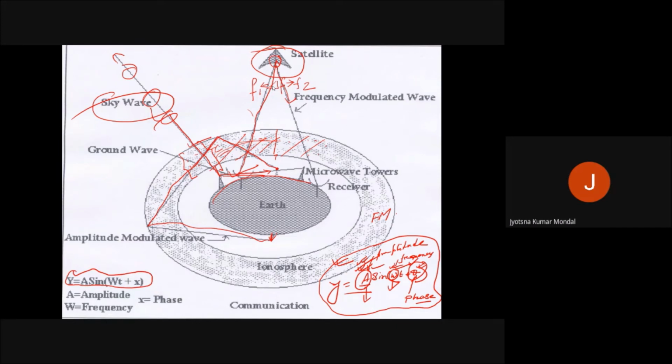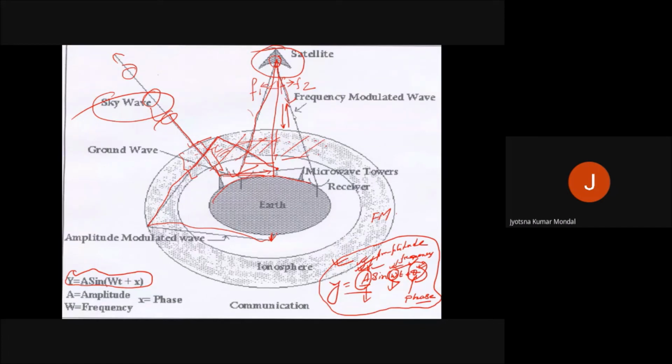If this distance is more, this angle will be minimum, and if two signals are flowing with a 180-degree phase difference, moving in opposite directions, and if the frequencies of the signals are identical, then the interference effect will be there and both signals will be destroyed.